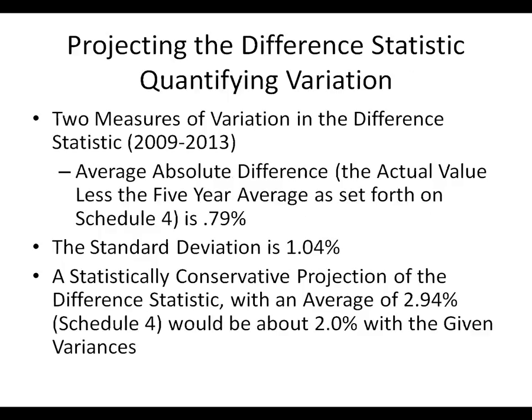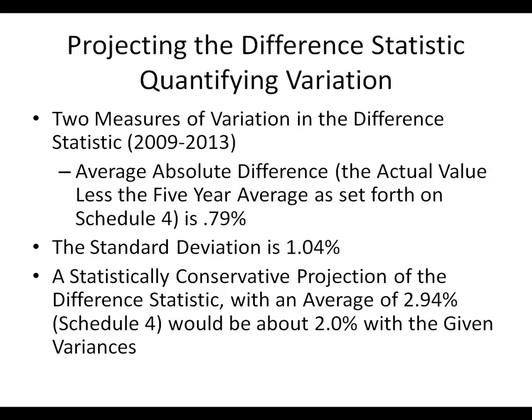The first consideration I want to propose is that we look at the inherent variation in the statistic. You'll recall that on Schedule 4, I did this unconventional calculation of variation, which suggested 0.79% was the expected amount that it would vary from one year to the next. The second way of measuring variance is the standard deviation, which is the usual conventional statistical method. So we have here two measures of variation of the statistic.